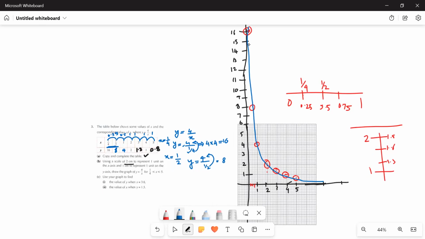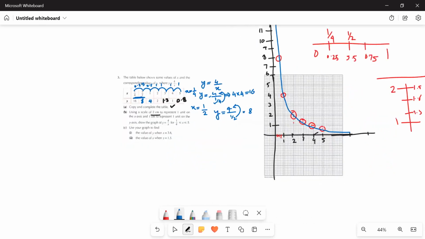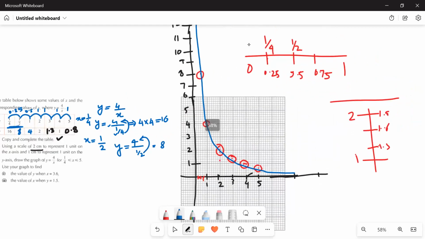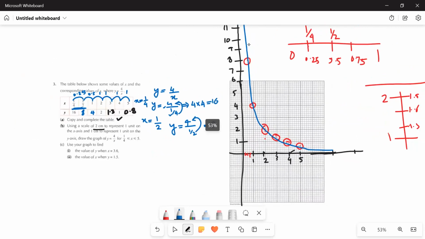This is the graph. Okay. Yes, Fatma. Everything is clear? Yes. We have plotted all the points on this graph.